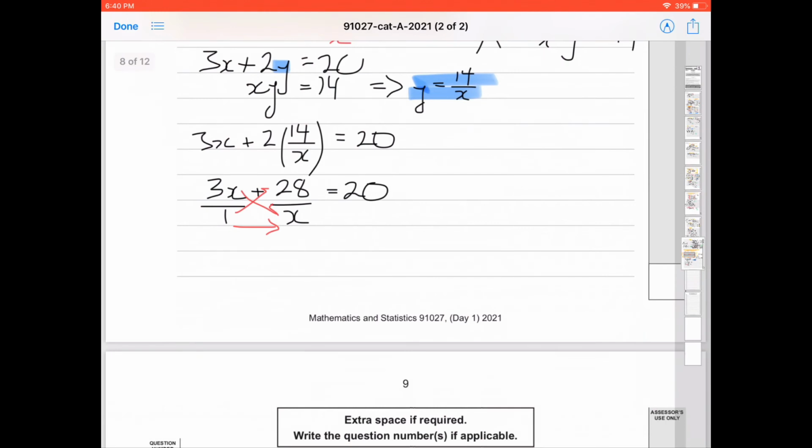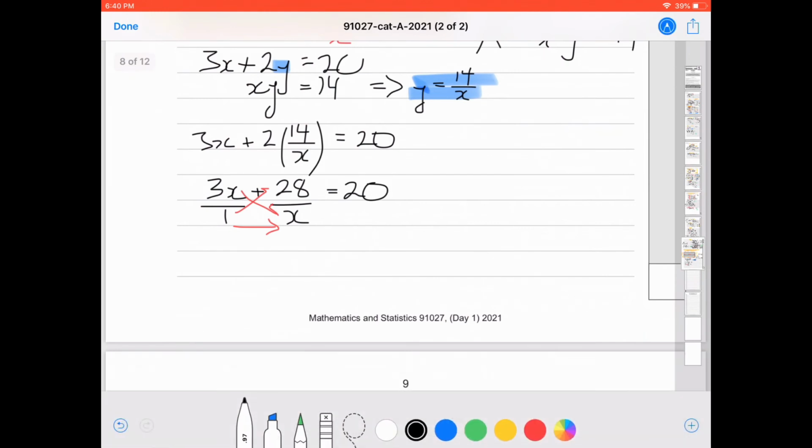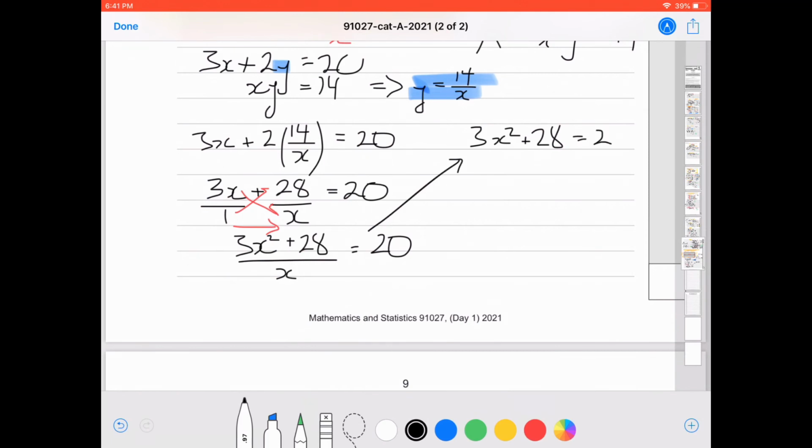And so we've got 3x times x is 3x squared plus 28 times 1, just 28, and that's all over x equals 20. Okay, we can say 3x squared plus 28, and we bring our x to the right hand side. If we're dividing by x on the left, we multiply by x on the right, so it equals 20x.